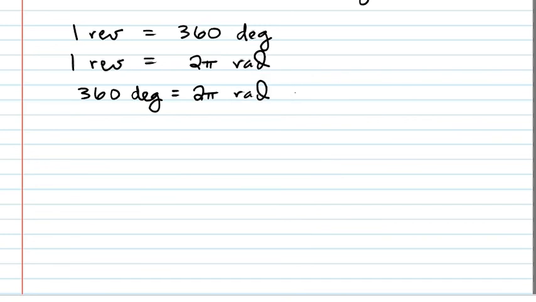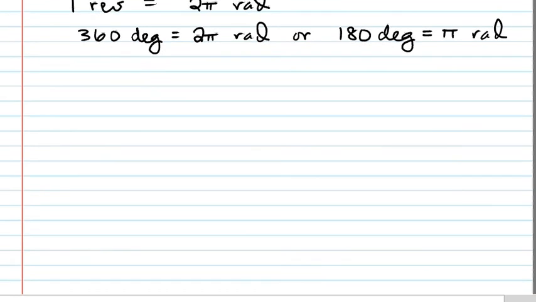So going around the circle one time is 360 degrees, but that's the same as 2 pi radians. Or if we prefer, divide both sides by 2. Think about a half circle, and you have 180 degrees is the same as pi radians. And then we can do unit conversions.